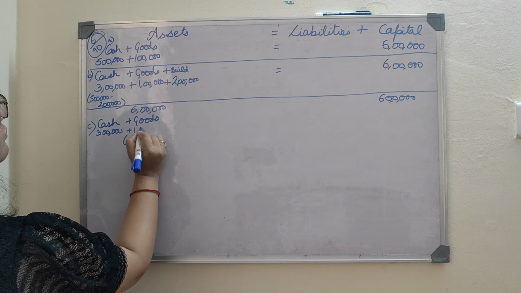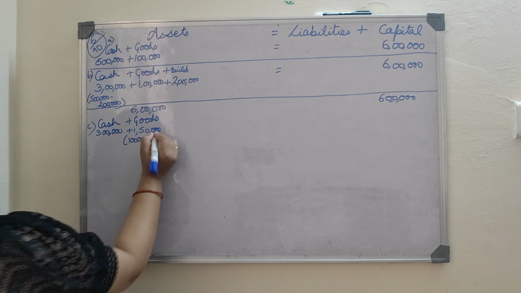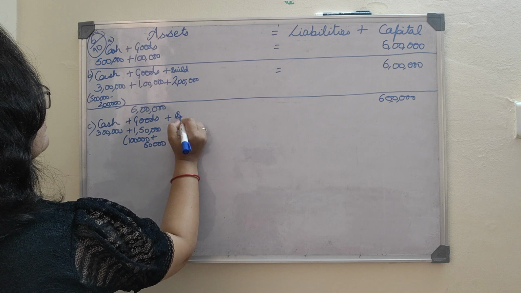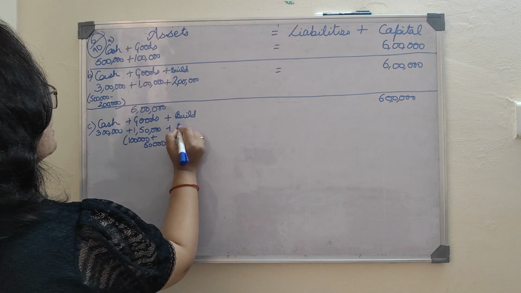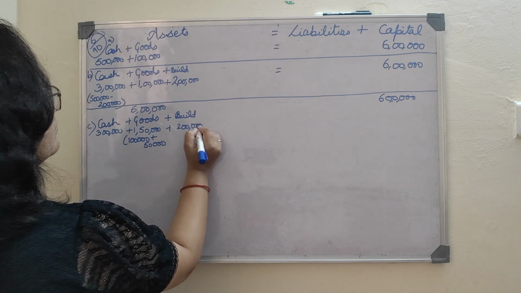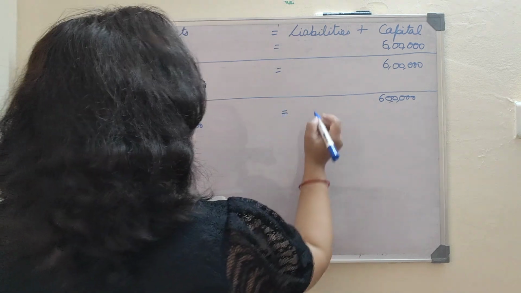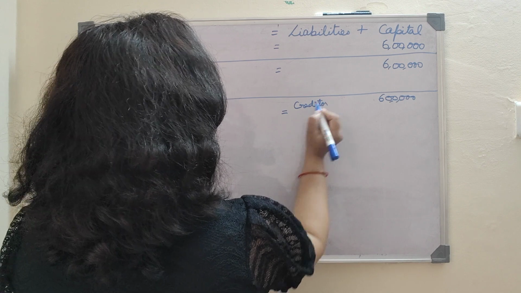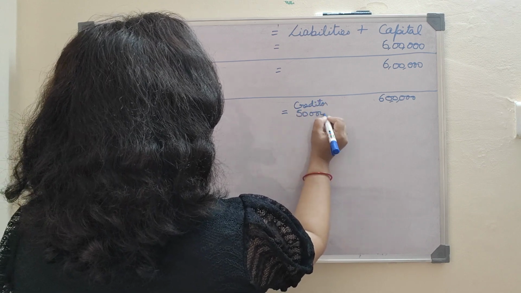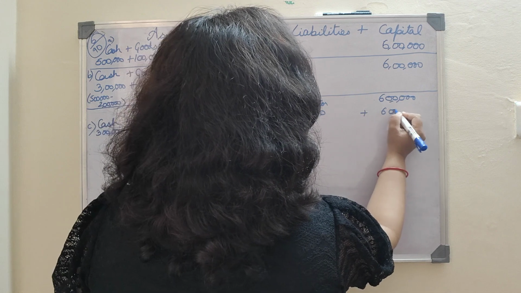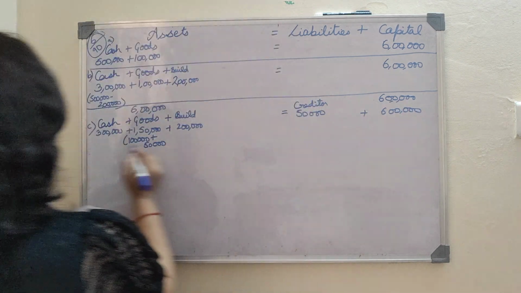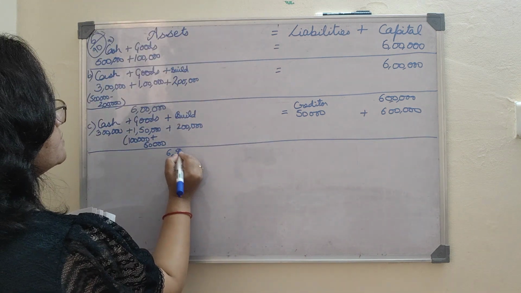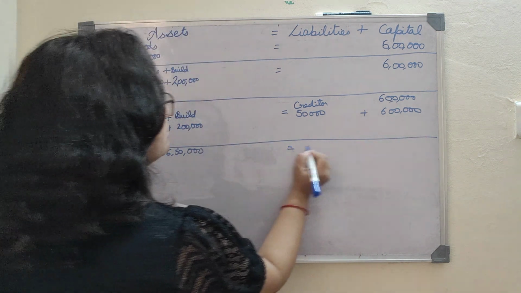So we have goods of 1,50,000 now with us. Building remains the same. Over here, now what is included? Creditor. Creditor is for 50,000 plus 6 lakh. So now both the sides, the balance becomes 6 lakh 50,000.